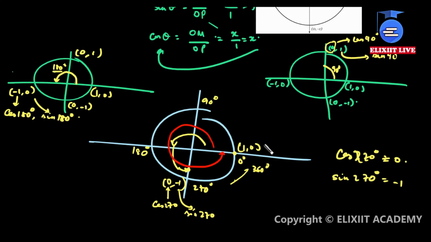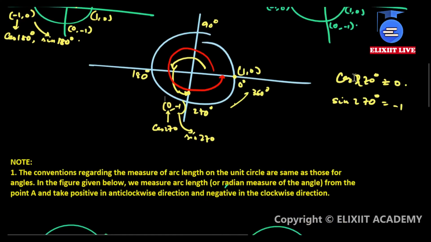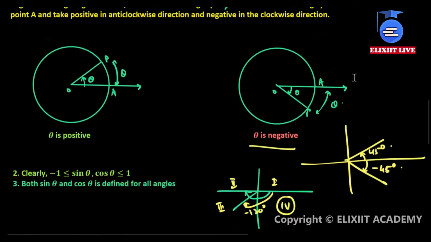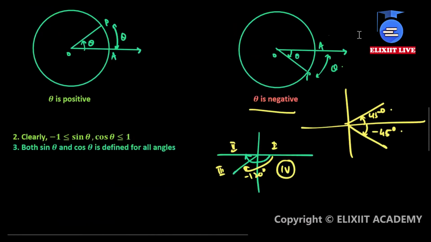It may happen that tan theta and cot theta might not be defined for certain angles. The same goes for cosec theta and sec theta. But sin theta and cos theta are absolutely defined for all types of angles. Sin 360 and cos 360 have the same values as sin 2 pi and cos 2 pi, since 2 pi means 360 degrees.